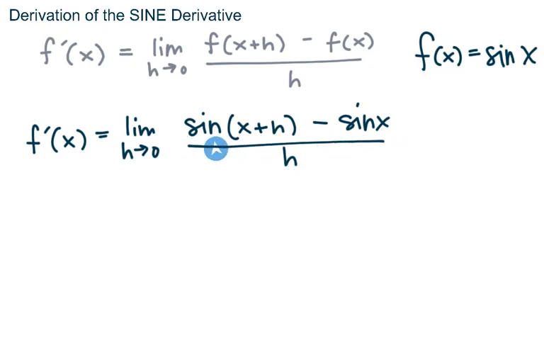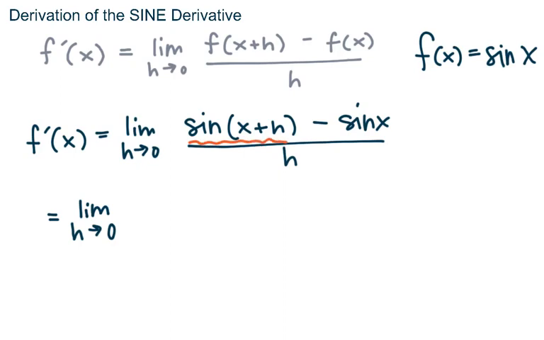So we need to go back and remember some of our trig identities. Right here we have sine of x plus h. So that's sine of a sum, and we know a sine sum and difference identity. So working through this, I'm going to expand sine of x plus h, just this part.